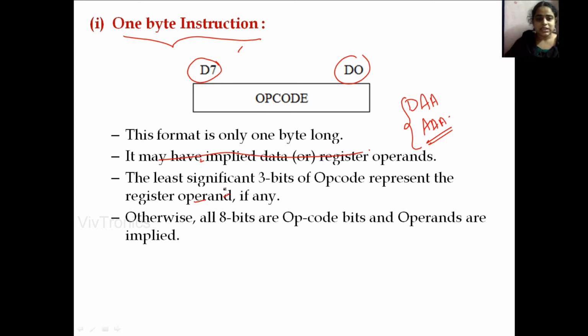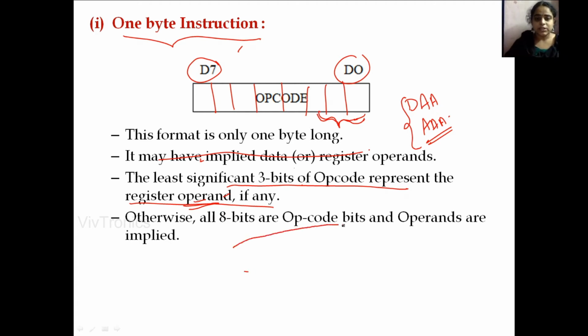The least significant 3 bits of the opcode represent the register operand, if any. In this opcode we have D0, D1, D2, D3, D4, D5, D6, D7. The least 3 bits specify the register operand. If there is a register, then these 3 bits are used for the register operand.